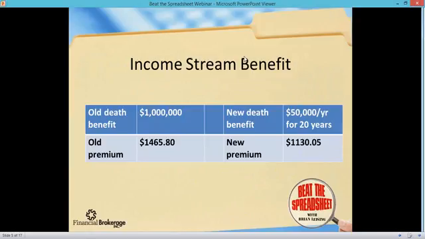This will also work if your client doesn't trust their other family members. Maybe they don't want their spouse to inherit a huge lump sum of money right away. They don't think they're going to spend it wisely. This is especially true of teenagers and young adults.